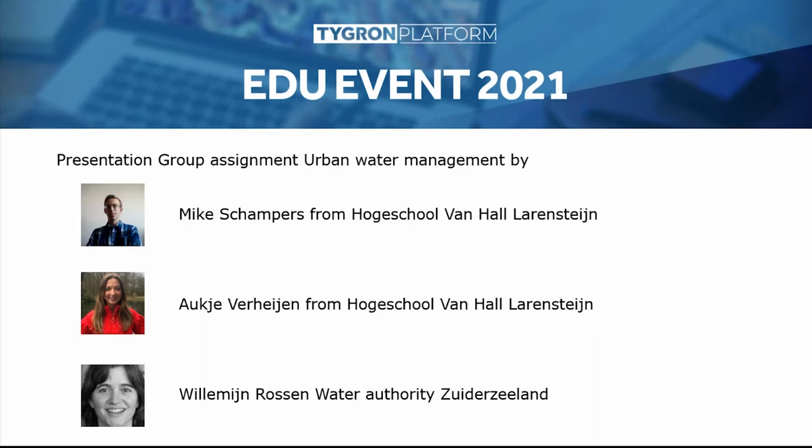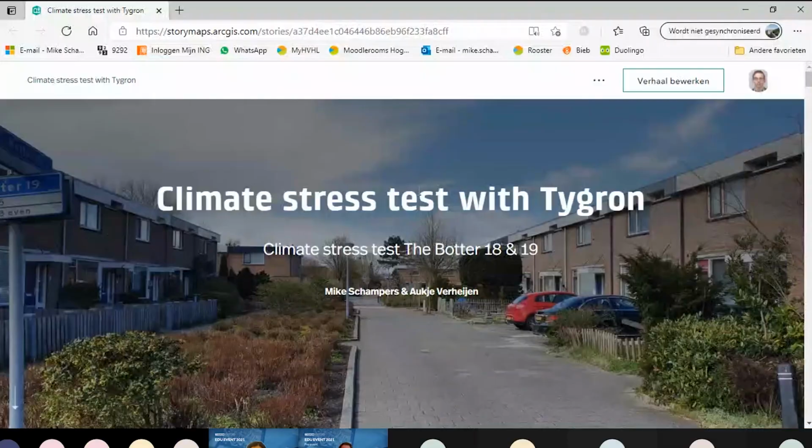Yes, thank you, and good afternoon, everyone. So first of all, I'll start sharing my screen. And I would like to start with introducing myself and Aukje and Willemijn. So my name is Mike. I'm a third-year student at the University of Applied Sciences of Larensteijn. Aukje?